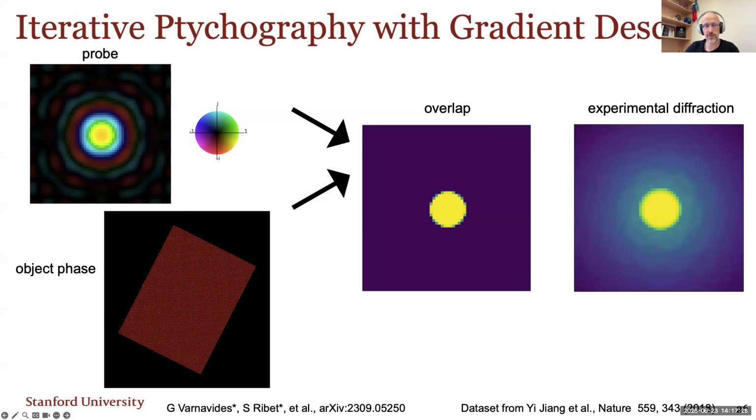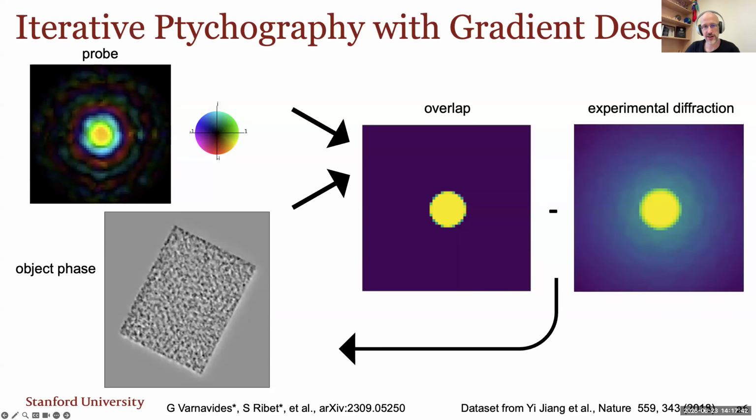Now, if you compare that to the experiment, it has this hexagonal diffraction. This is the data set from the Cornell paper in the lower right, that Nature paper from Yi Jiang. So to reconstruct this ptychographically with gradient descent, all you need to do is take the difference between the experimental diffraction pattern and the current model diffraction pattern, and then do back projection or back propagation.